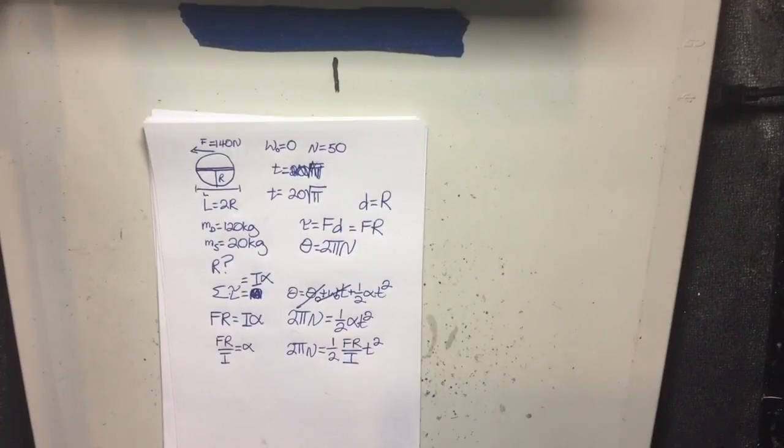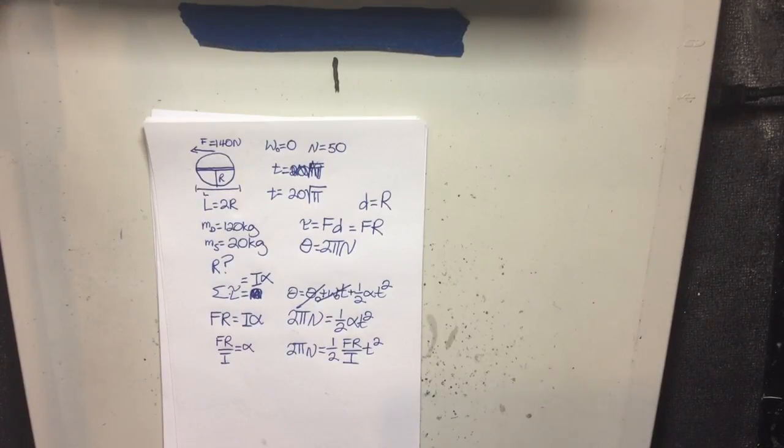I know N, F, looking for R. I know T, but I don't know what I is. That object is composed of two different objects that are welded together. A stick rotating about its center and a disc rotating about its center.